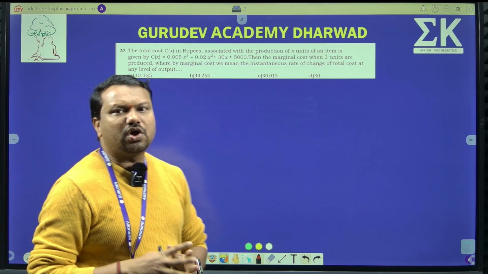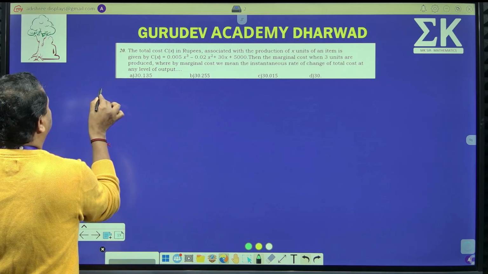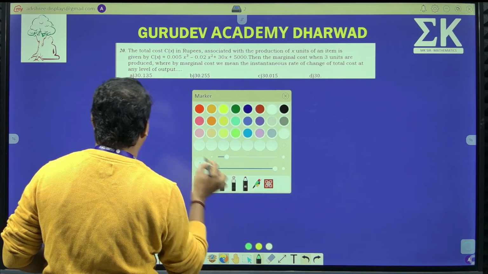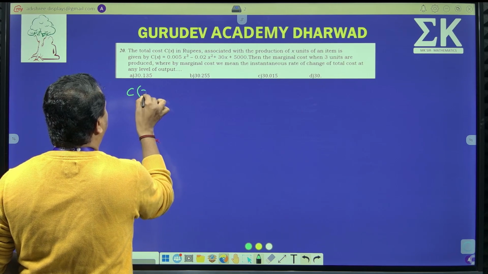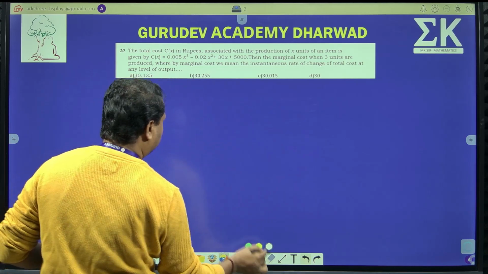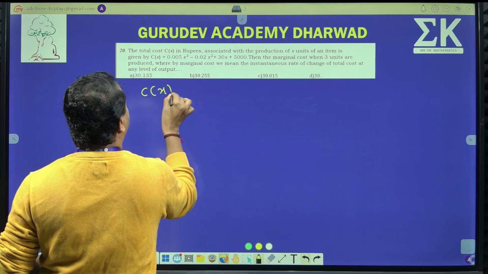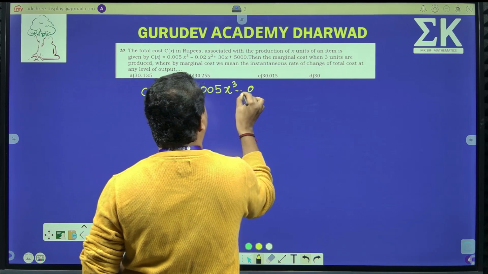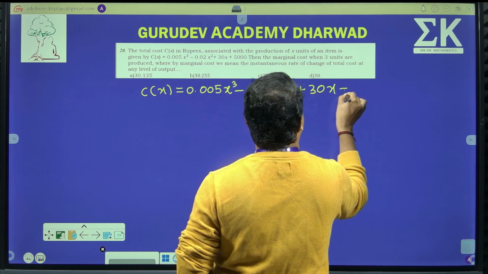Next, the total cost C of x in rupees is given as C of x equals 0.005 x cube minus 0.02 x square plus 30x plus 5000.